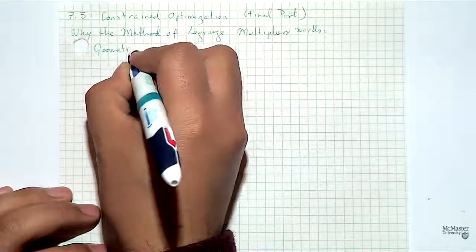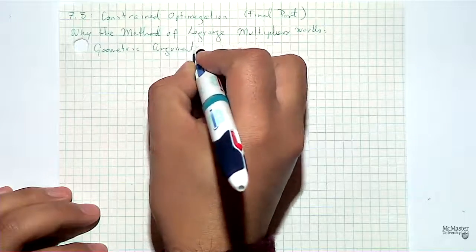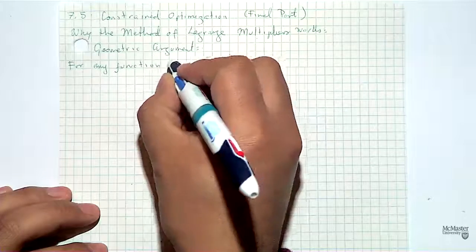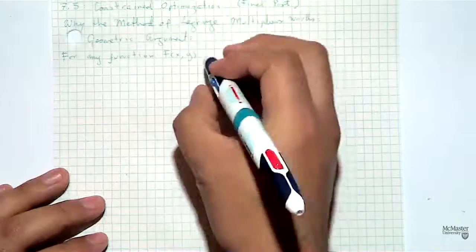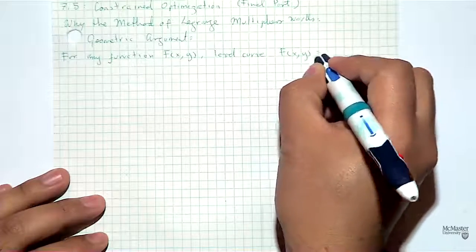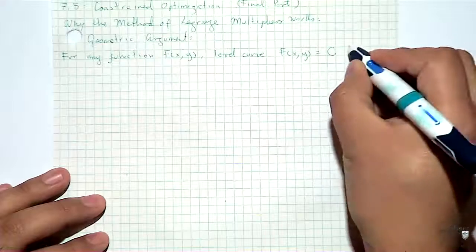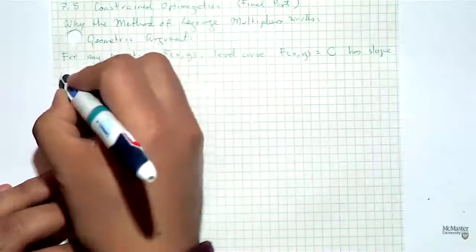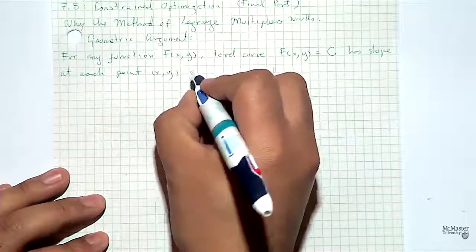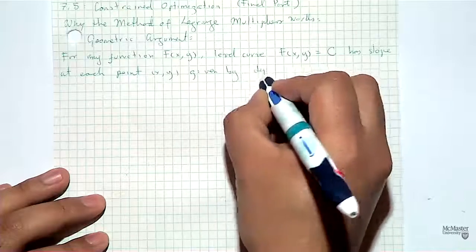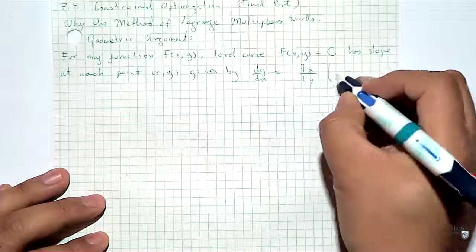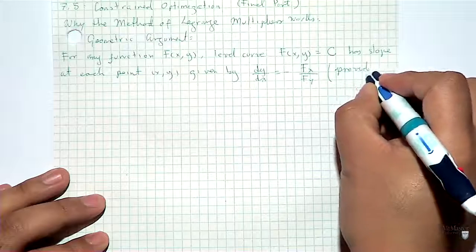The geometric argument was along these lines: for any function that we are going to call, for the moment, capital F of x and y, the level curve F of x and y equal to c has a slope at each point x comma y given by dy over dx equal to minus the ratio of Fx divided by Fy, provided that Fy is not 0.